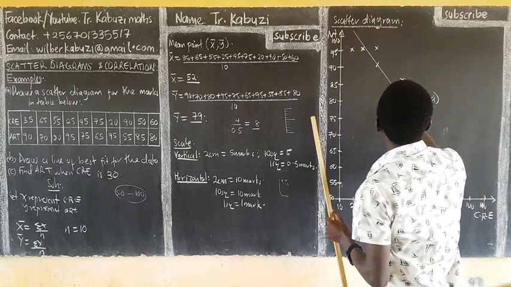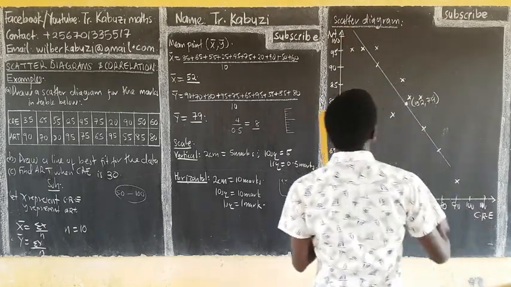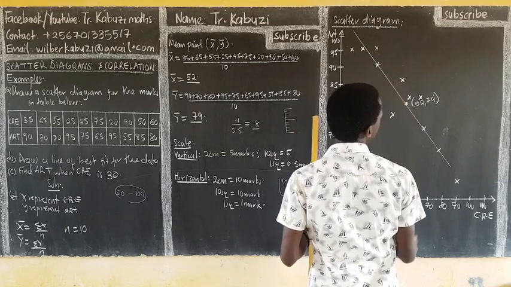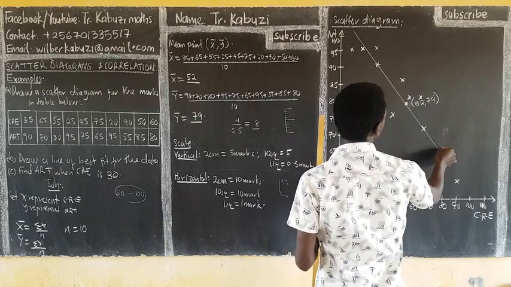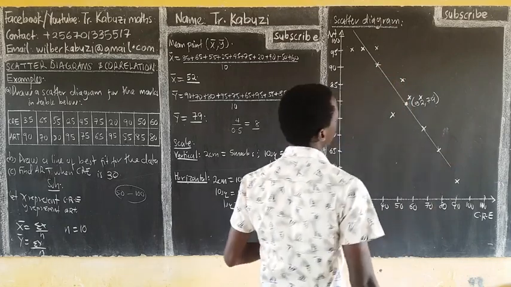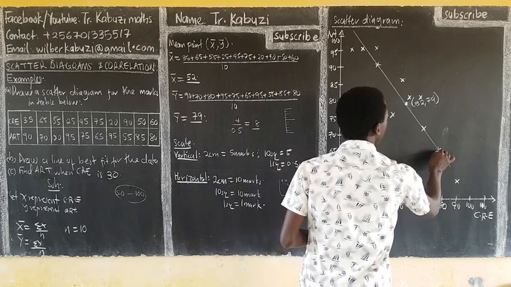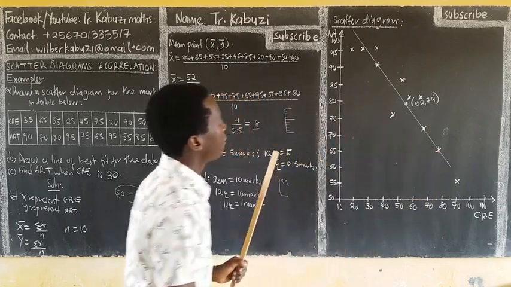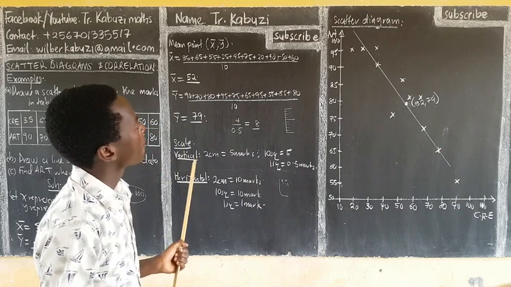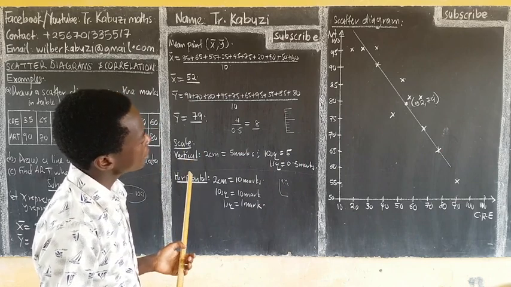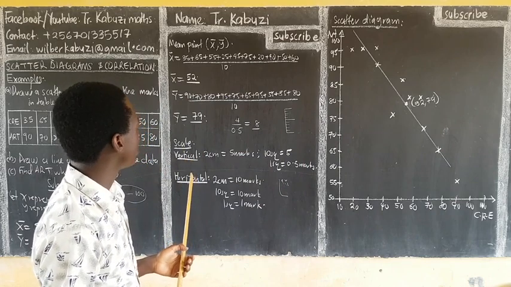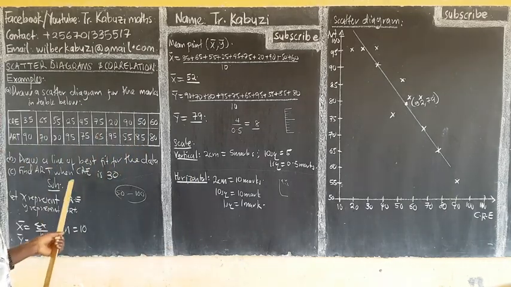So this is my mean point, and you can easily see this was our point, also this was a point. So that's my line of best fit. Clear.